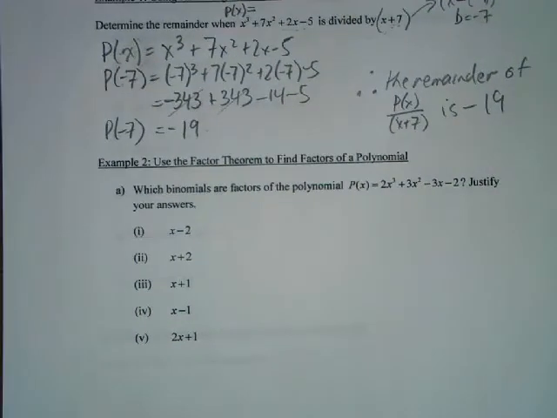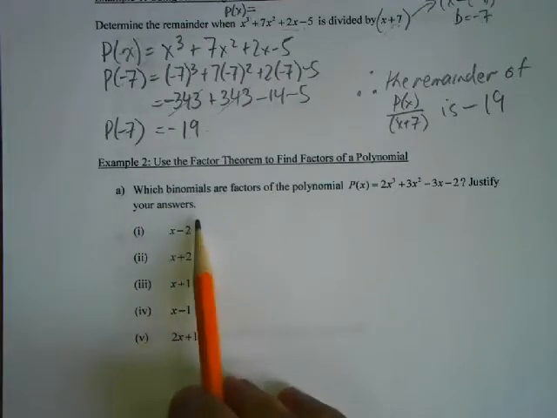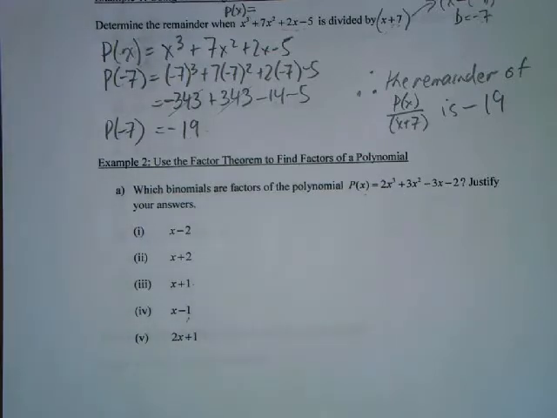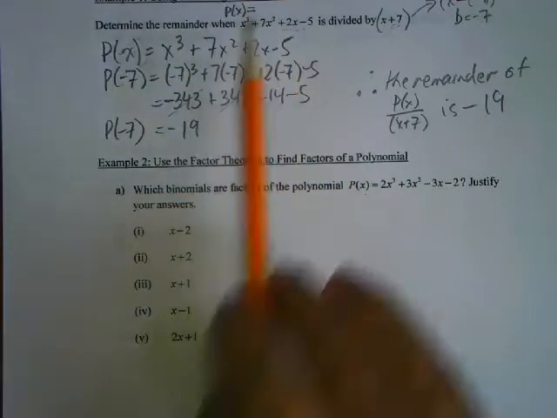Okay, so the next one, we're actually using the factor theorem now. We want to know which of these are factors of p of x. Now this is a different p of x than that.